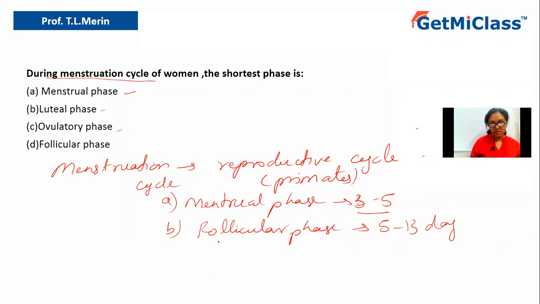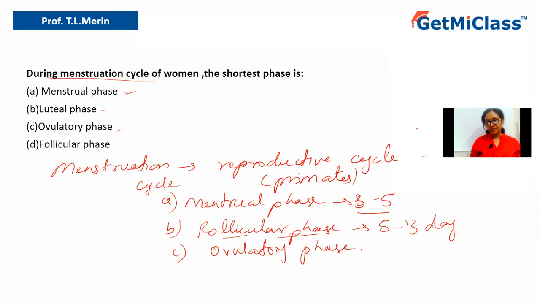In the follicular phase, the follicles are produced: the primary follicle will get converted to the secondary follicle, the secondary follicle will get converted to the tertiary follicle, the Graafian follicle. Then the Graafian follicle will release the ovum, and that is why the next phase is called the ovulatory phase.